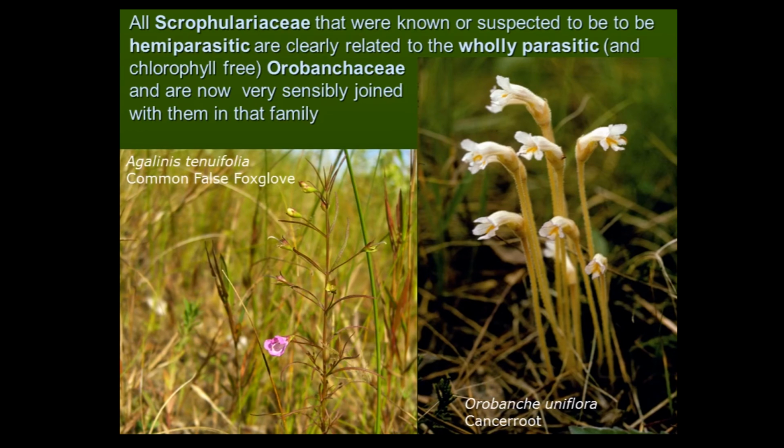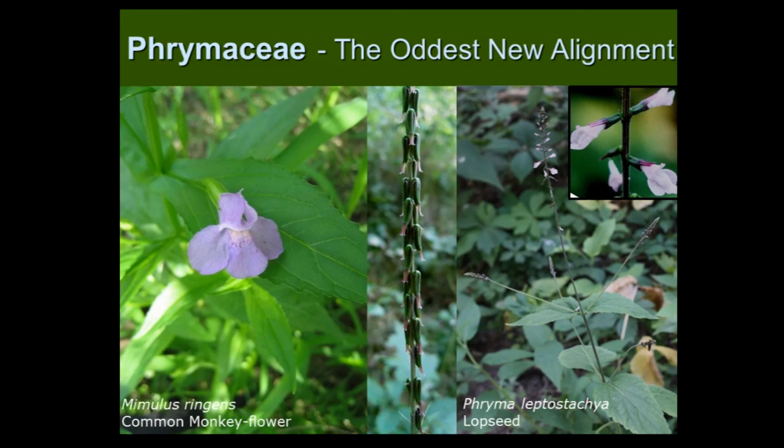Why? Because these don't have any chlorophyll or leaves or anything. They're total parasites. But actually, when you look at these hemiparasites, they're not all that green to begin with. And now we very sensibly put them together in the same family. All the parasites go together, whether they have green leaves or not. So, very good.